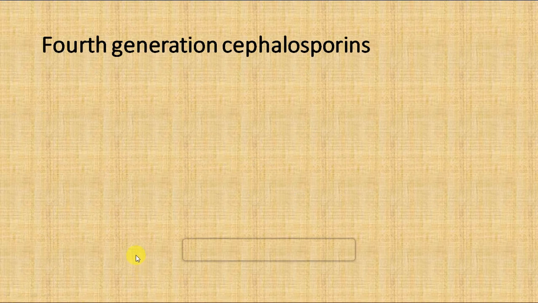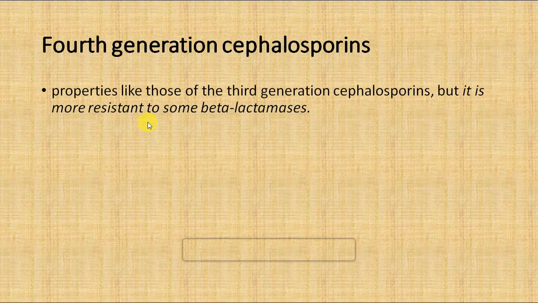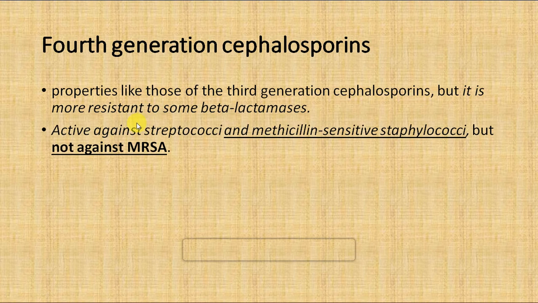So now let's move to the fourth generation cephalosporin. So what are these? They have properties like those of third generation cephalosporin, but are more resistant to some beta lactamases, means some bacteria which produce the beta lactamase enzyme, so they are more resistant to those beta lactamase producing bacteria and help to kill them.